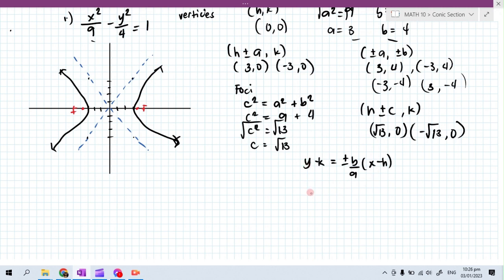Please bear in mind that this formula is only applicable if a hyperbola opens to left and right.